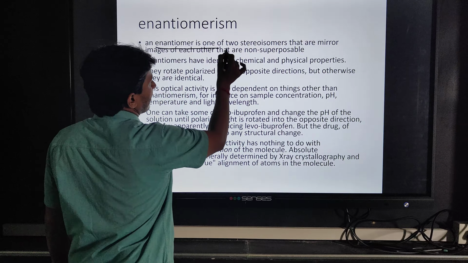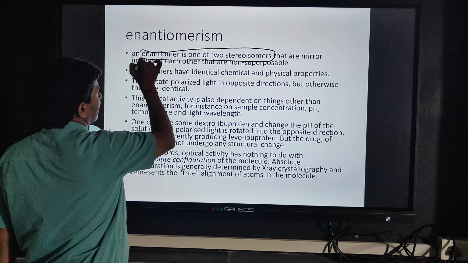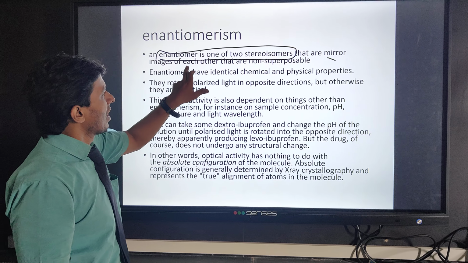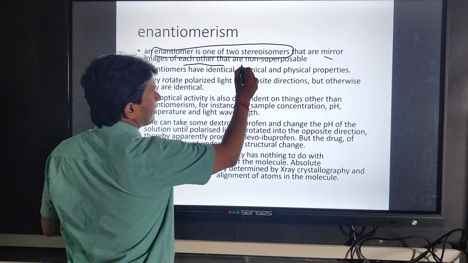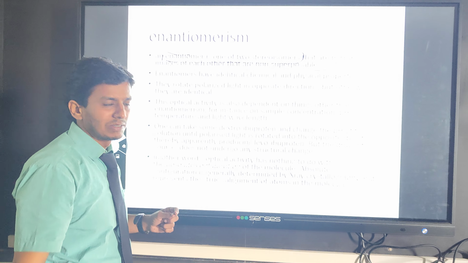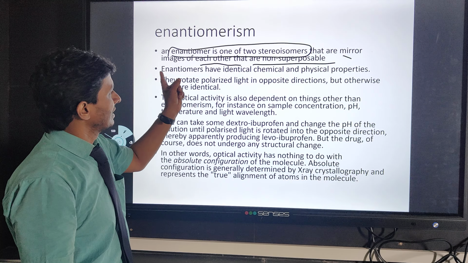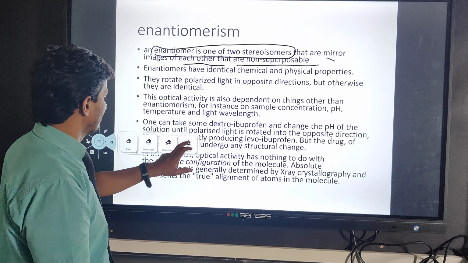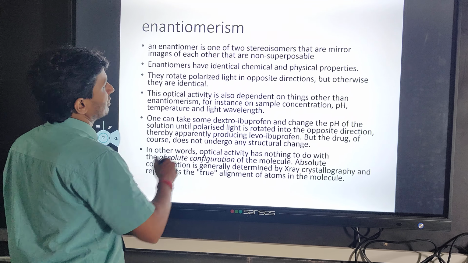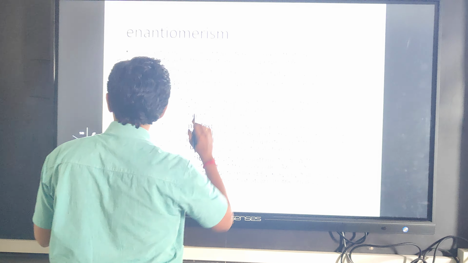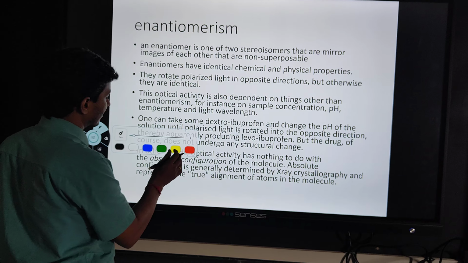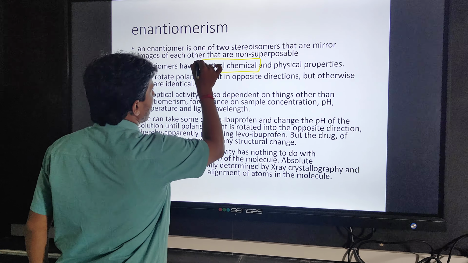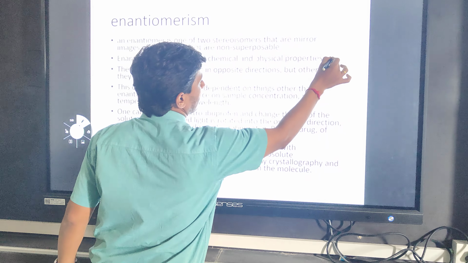The enantiomer is one of the 2 stereoisomers that are mirror images of each other and that are non-superimposable. And why are these enantiomers so important? Look at this. The enantiomers have identical chemical and physical properties.